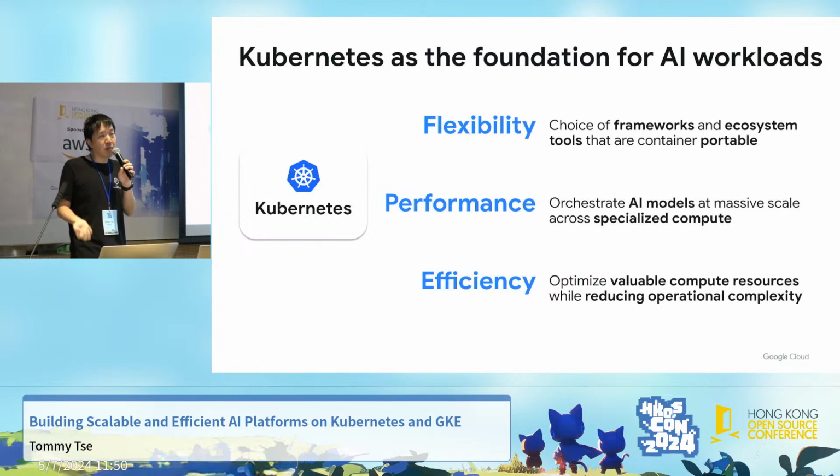Second, performance: Kubernetes is really important as you need the orchestration and automation for AI accelerators like GPUs, or at Google, the TPUs. And thirdly, efficiency. The automation within Kubernetes enables you to run a really cost-efficient infrastructure and scale all the resources when you need that.